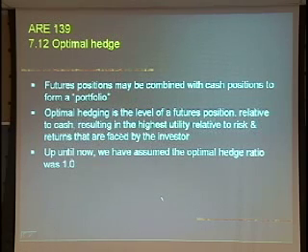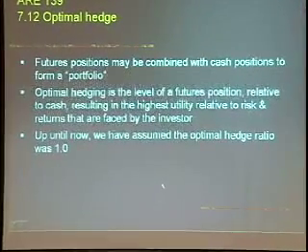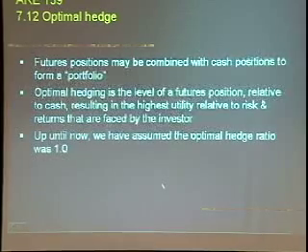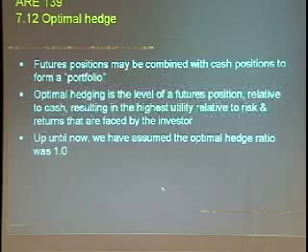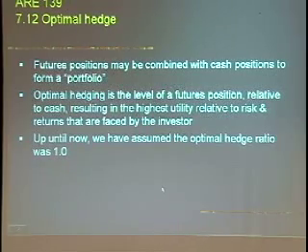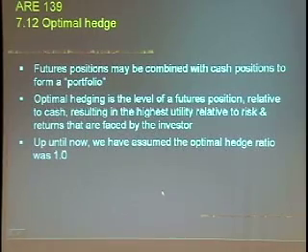And so now we can go ahead and put together the so-called optimal hedge. As I said, we're going to keep it simple here. We're just assuming we're moving from one asset in our portfolio to two, okay? So we have a cash position, and we're going to, quote, form a portfolio by adding a futures position.